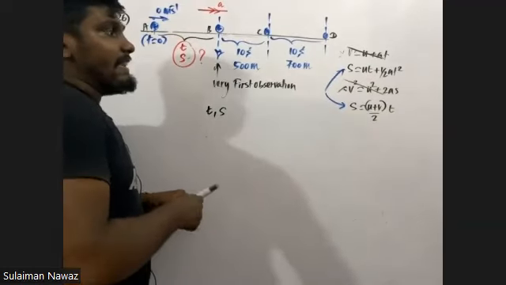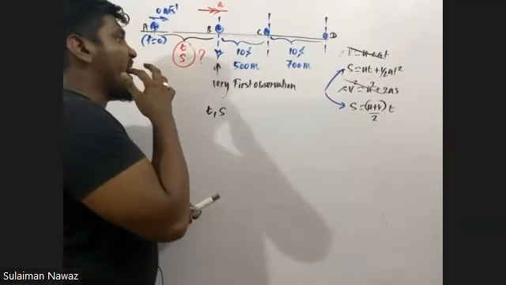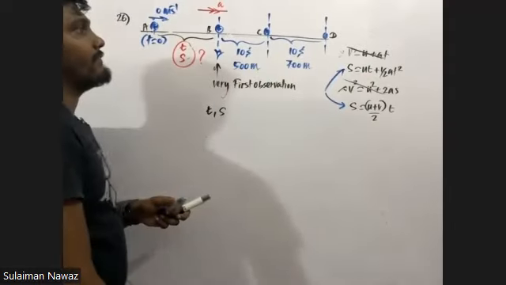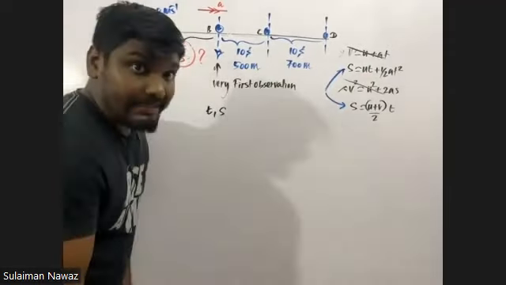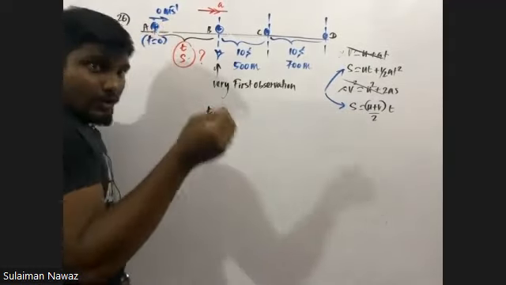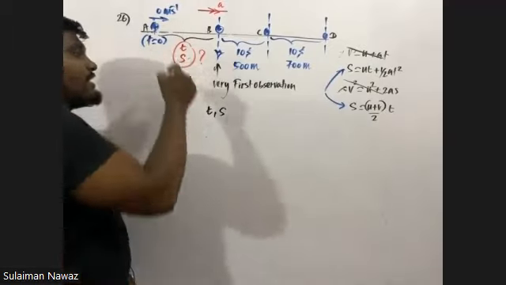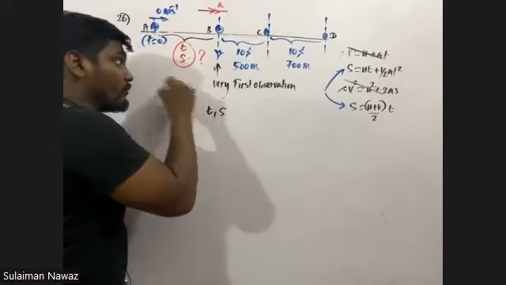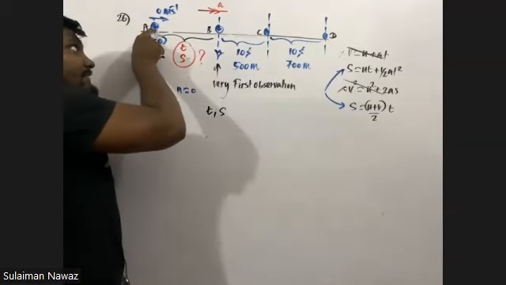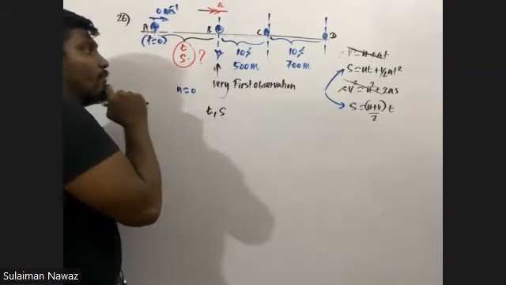Next I am thinking from where to where I'm going to apply it. It's always better because you know the initial velocity is zero. Exactly at point A, u is 0.